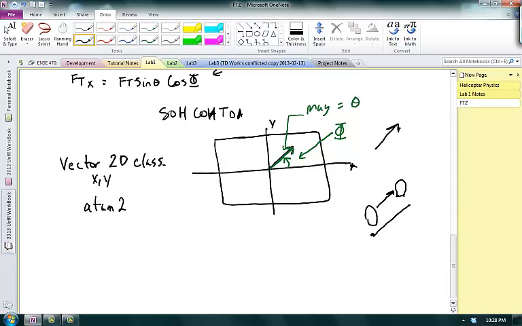And the delta of those x and y's are going to be delta x and delta y. Will be the x and y of our vector 2D class that we plug in. And then we take the atan 2, which is a function call, and we pass in y, comma, x, and that spits out phi. And that's in radians.